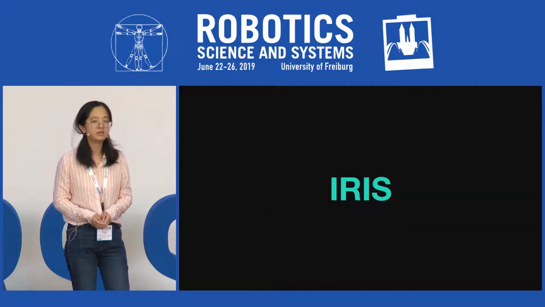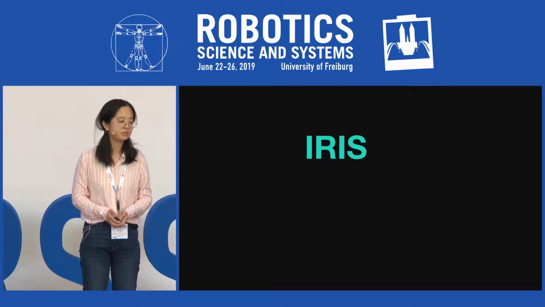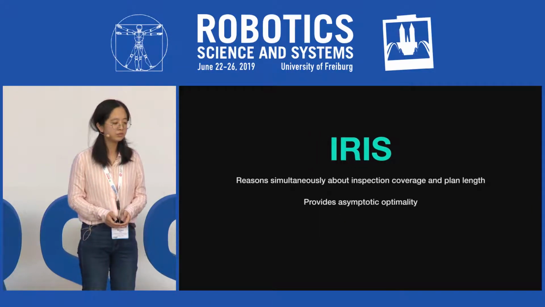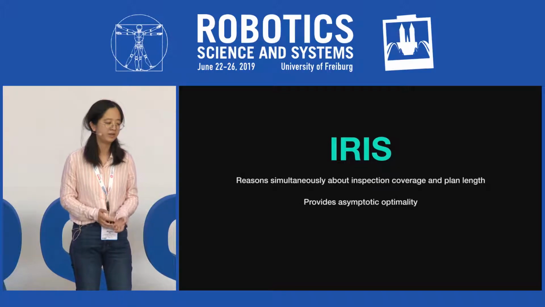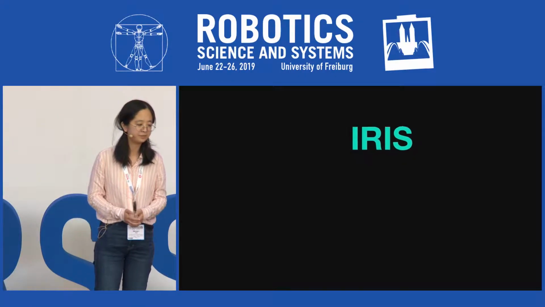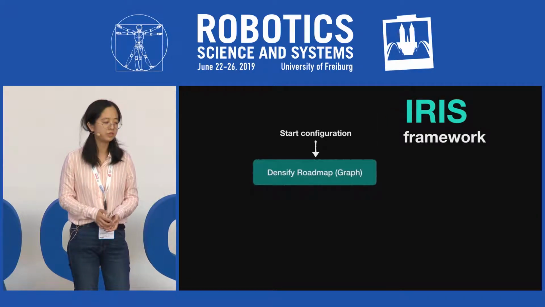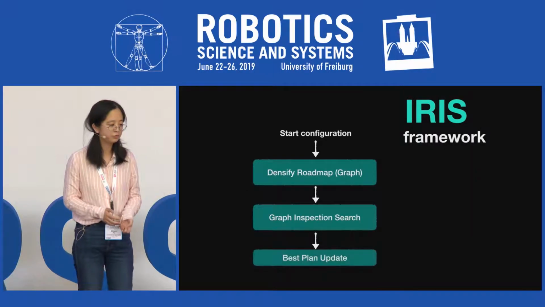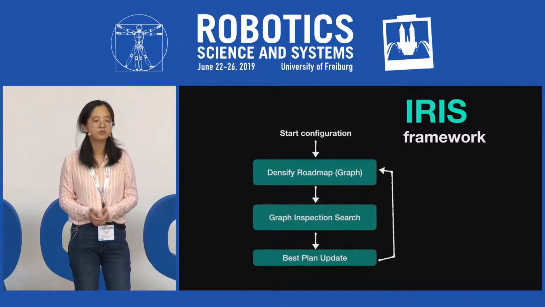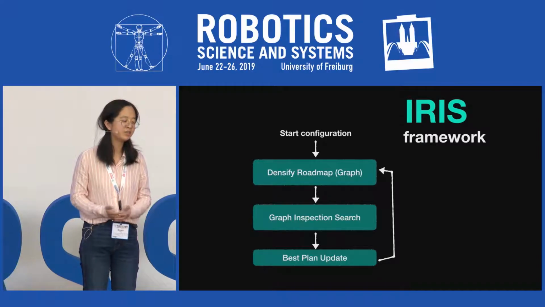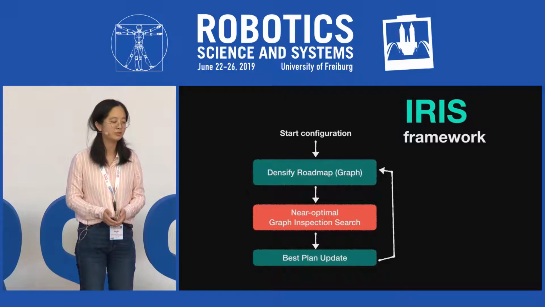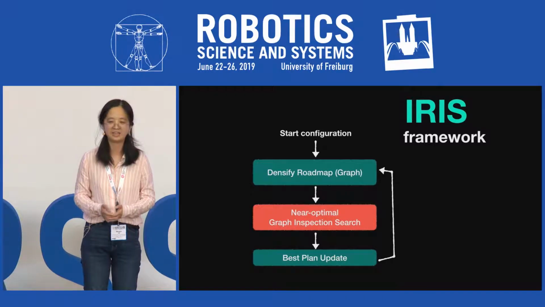So here we present a novel algorithm, ARIS, which stands for Incremental Random Inspection Roadmap Search. ARIS reasons about inspection coverage and plan length simultaneously, and it also provides asymptotic optimality. In the ARIS framework, we iteratively densify a roadmap and do graph inspection search, which computes the optimal inspection plan on the roadmap. Unfortunately, this optimal search is already computationally hard, so the key insight is to do near optimal graph search instead.